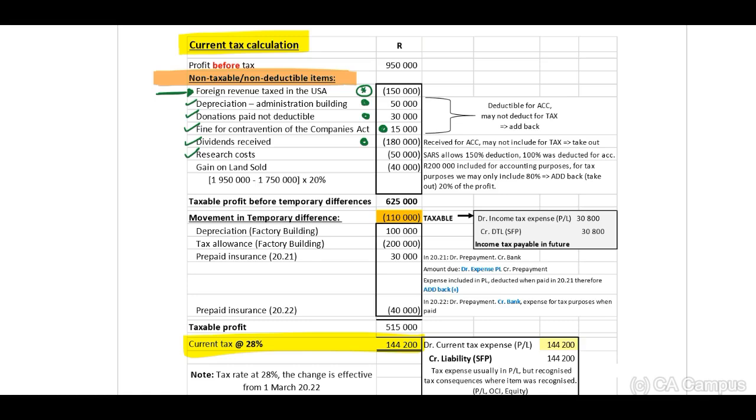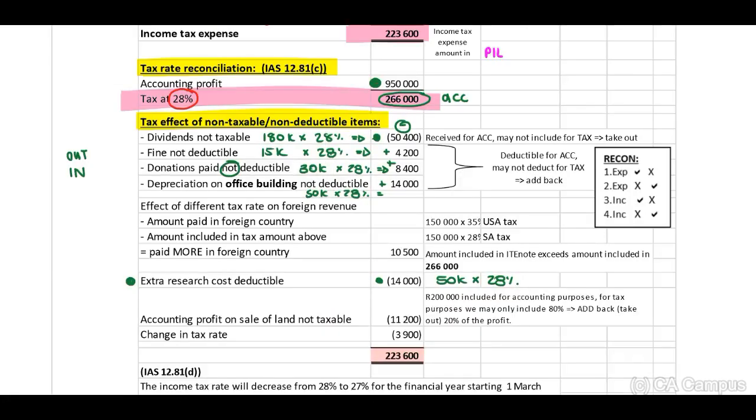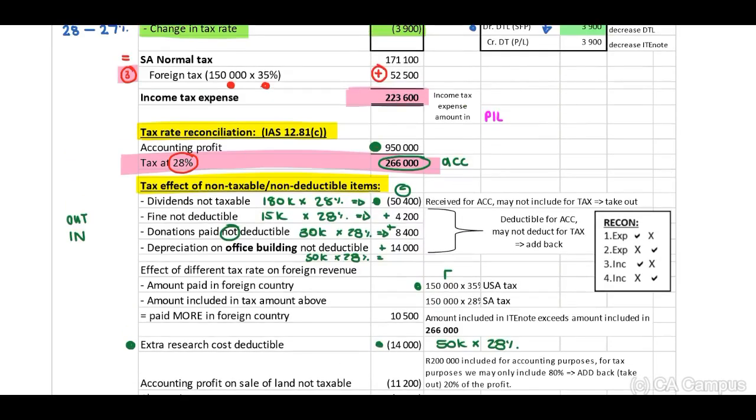If you look at our recon, 150,000, we've included the 52,500 at the top. Look at this, 52,500 at the top. That 150,000 is still included in the 950,000, which we have now times by 28%. Therefore, it's included at 28%.